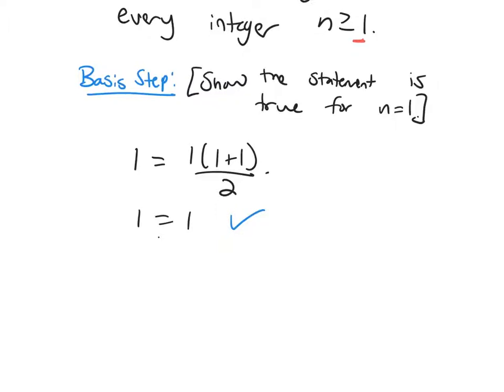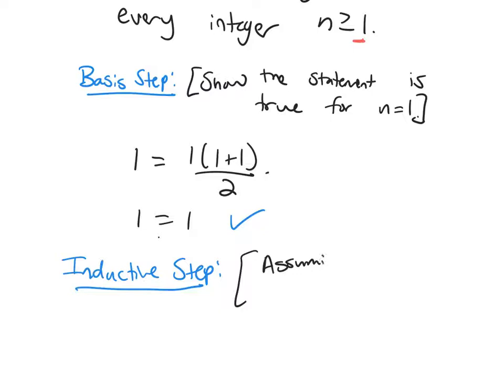So now let's do the inductive step, the second part of our mathematical induction. Inductive step. So remember that you start by assuming the statement is true for n equals k, and that needs to at least be 1.